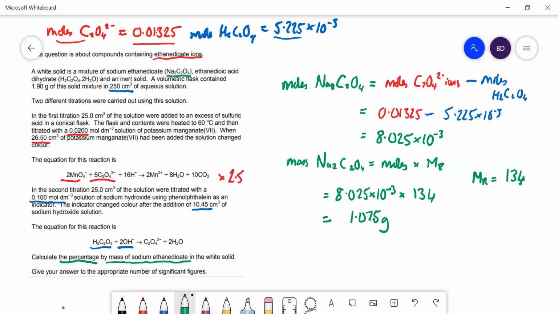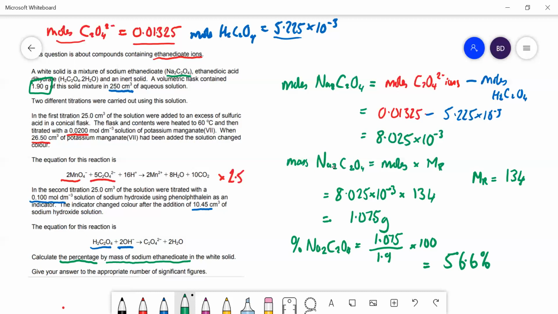Now it says we need to calculate the percentage of the total white solid. The mass of the white solid was 1.9 grams. So the percentage of sodium ethane dioate is 1.075 divided by 1.9, multiplied by 100, and that comes to 56.6%.